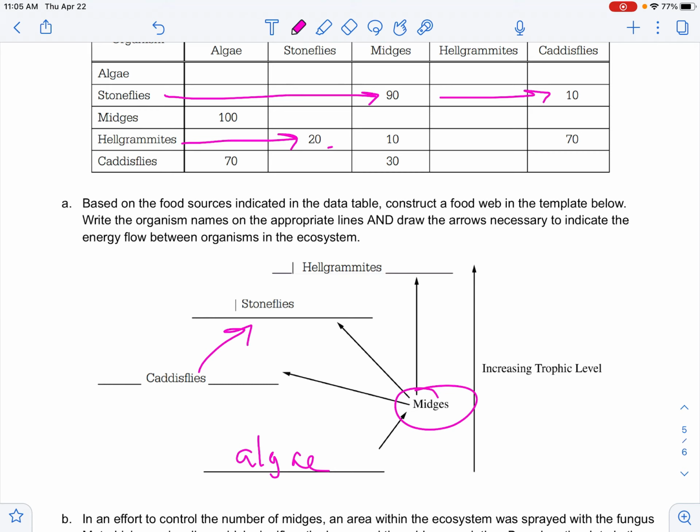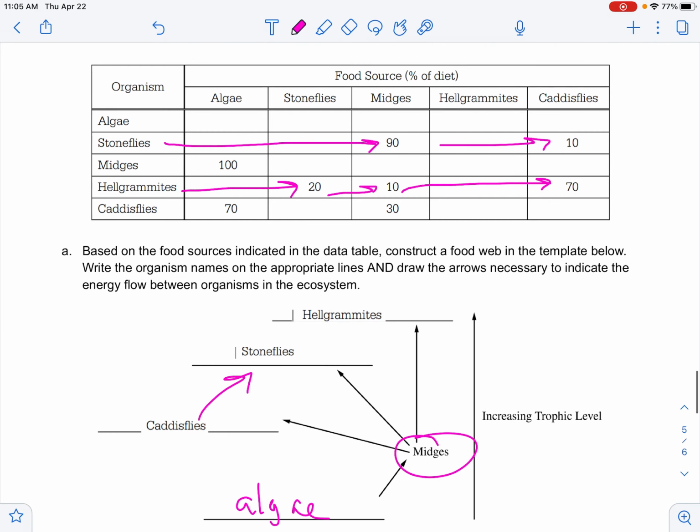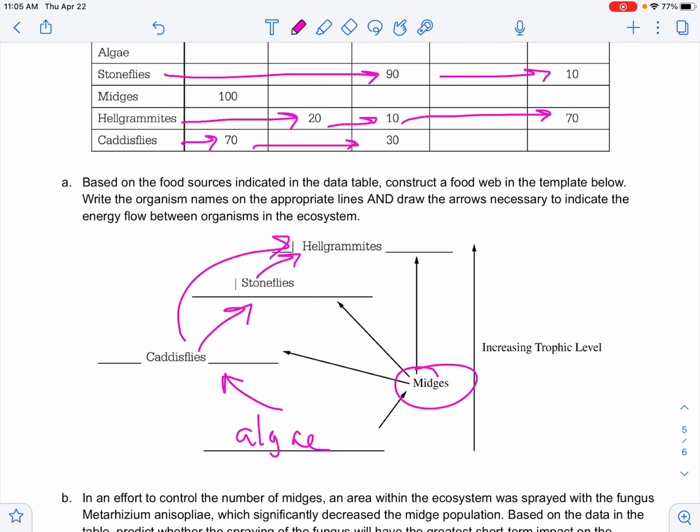Hellgrammites eat stoneflies. Hellgrammites eat midges. Hellgrammites eat caddisflies. So we have to have 3 arrows, and the midges are already there, going to the hellgrammites. Caddisflies eat algae and midges. So there are the 4 arrows that you needed to add to complete that.